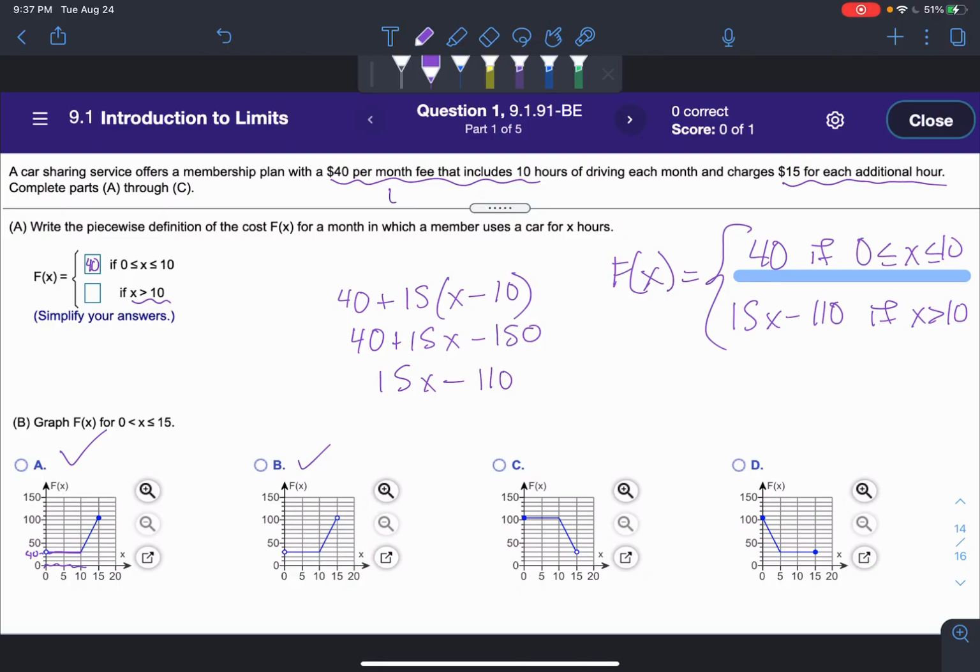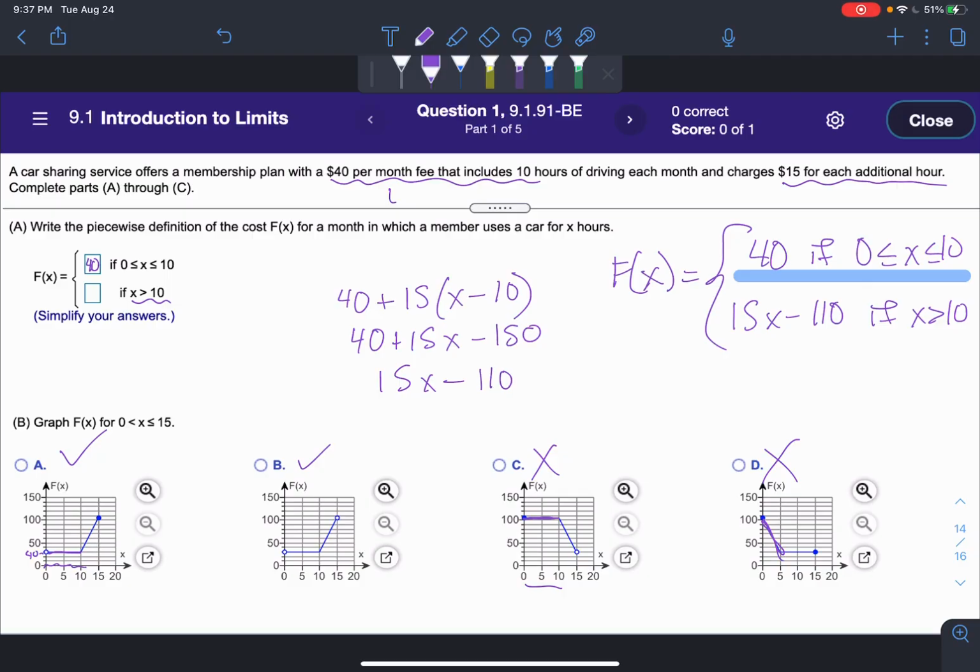C seems to have a value of maybe 110 when my x is between 0 and 10, so that's not right. And in D, it doesn't seem to be a constant 40, right? It seems to be some kind of decreasing function, so D isn't right either.